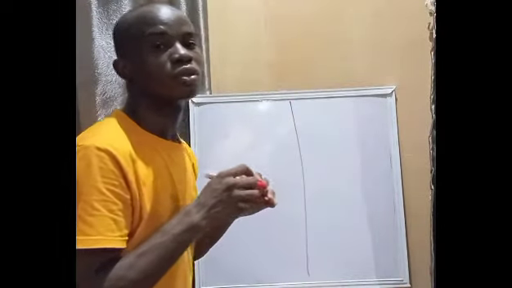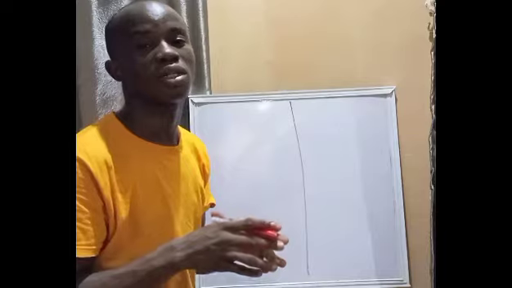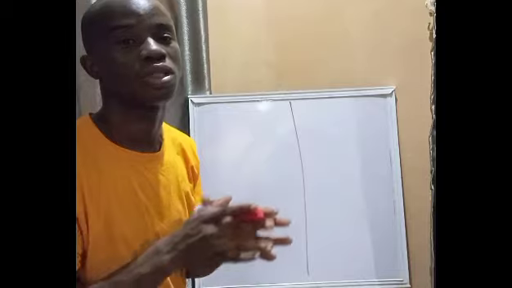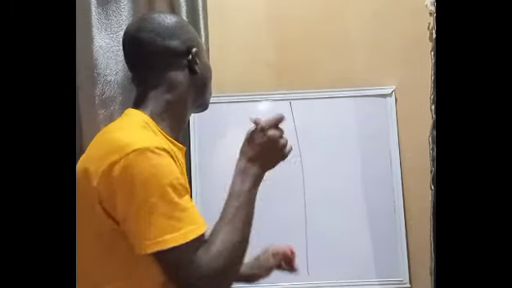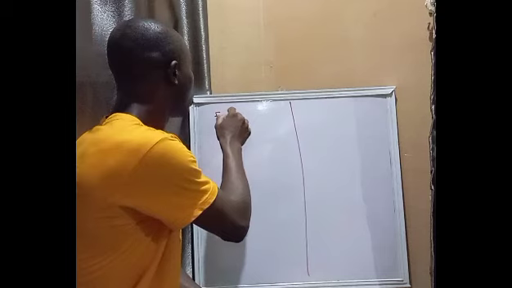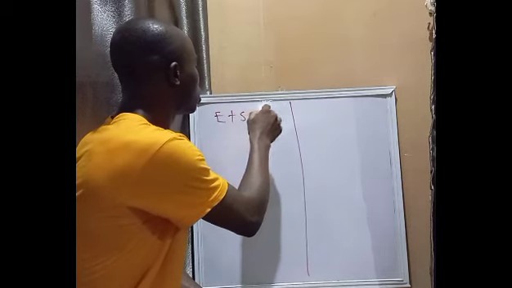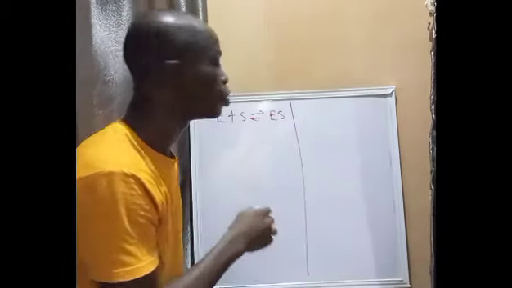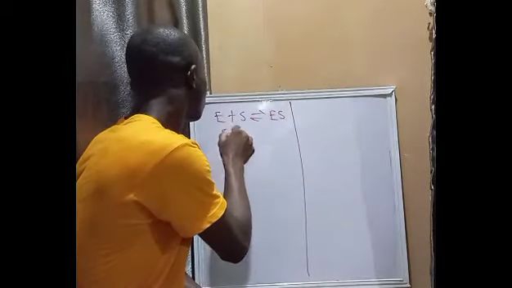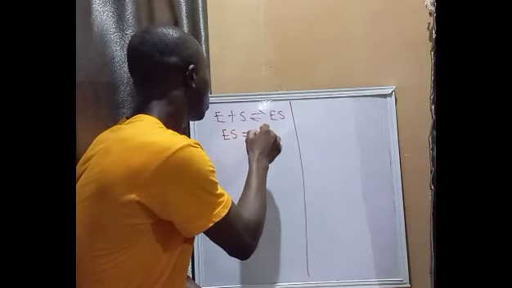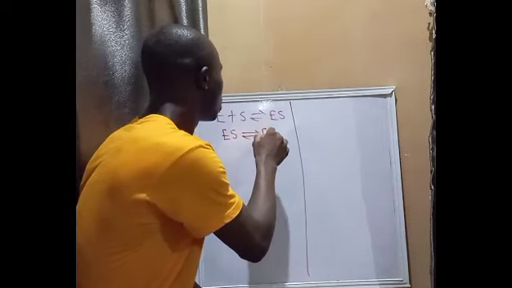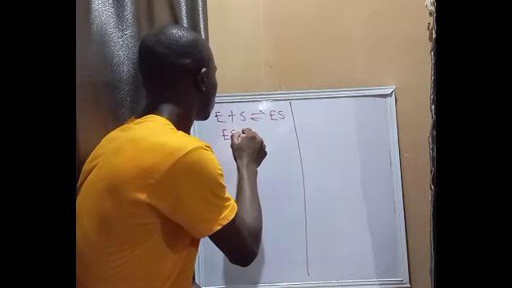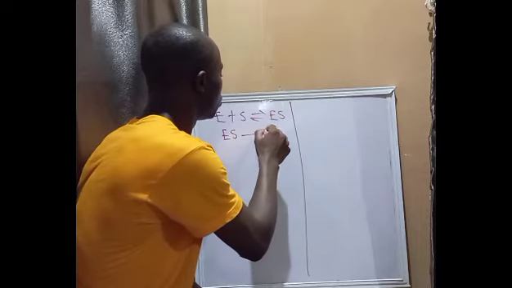So, basically, we all must know that enzymatic reaction is a two-step reaction. The first step is reversible, at the same time, the second step is irreversible. So the first step is enzyme plus the substrate, giving us the enzyme substrate complex, and we also have the enzyme substrate complex giving us the enzyme plus the product.